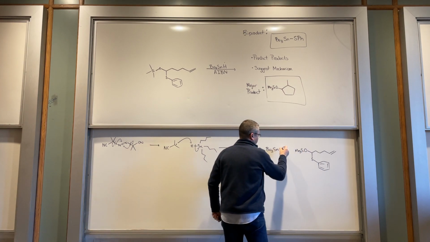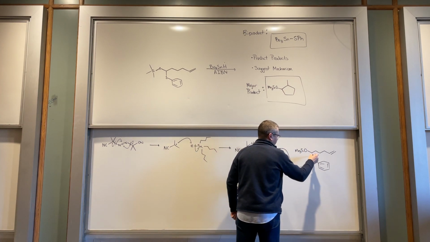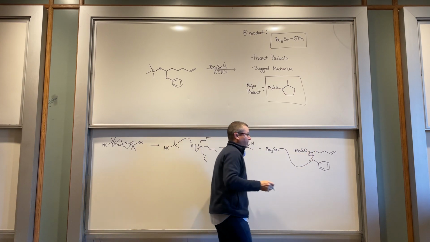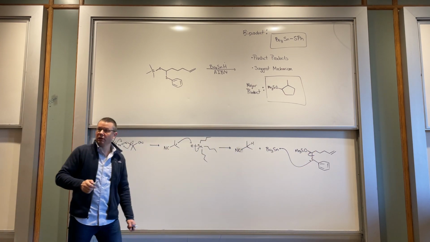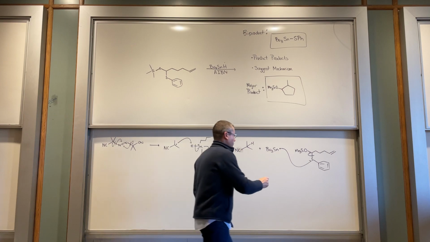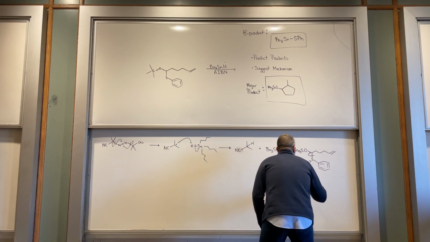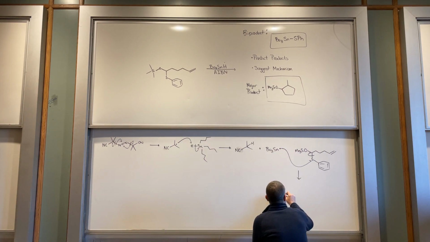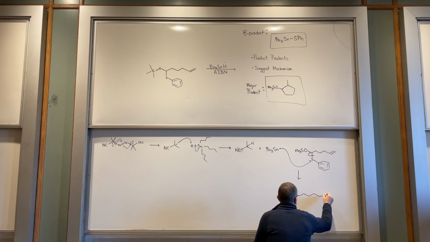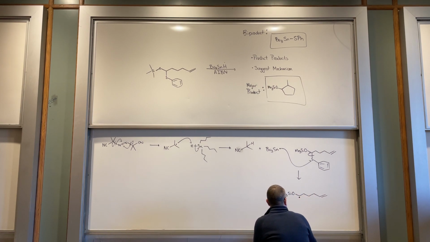The tin is going to go out, grab the sulfur, that bond is going to break and put a single electron on the carbon next to oxygen. So it's going to make our byproduct and give us a new carbon radical.